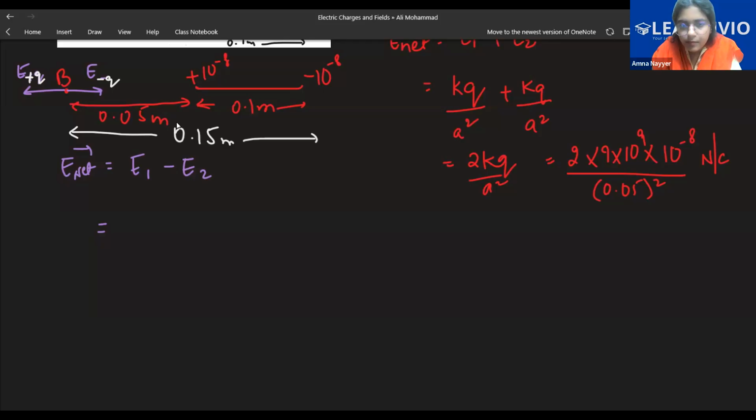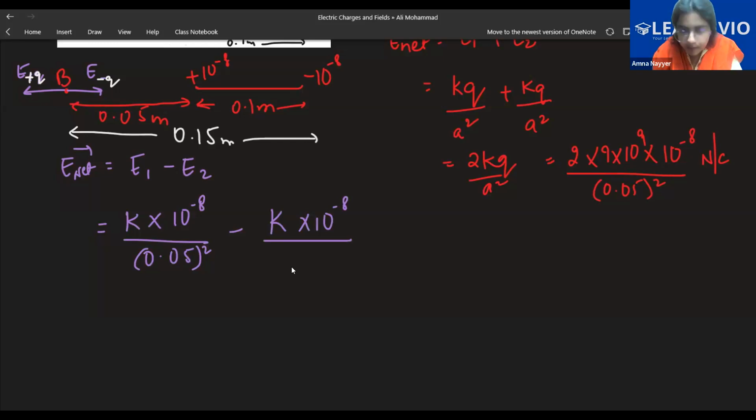K into 10 to the power minus 8 by 0.05 square. Correct. Minus, for the second charge, negative 10 to the power minus 8 by 0.1 square, yes, 0.15 whole square, correct.